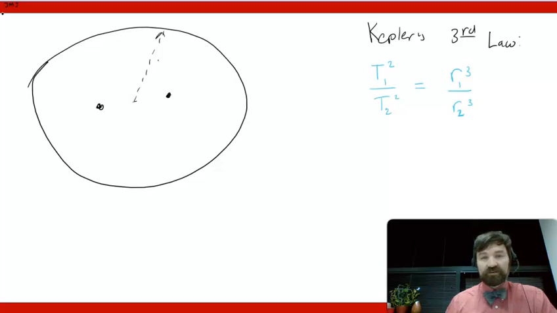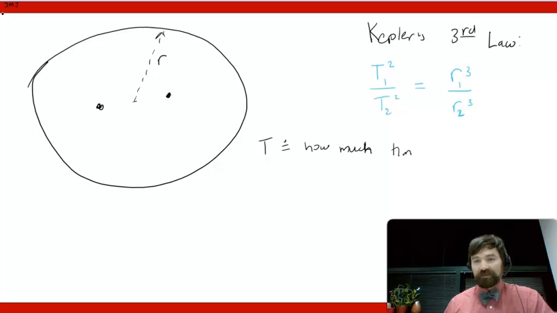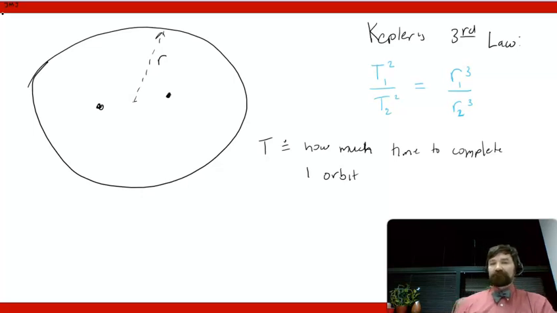It's a near circular orbit. And so the period T represents how much time to complete an orbit. That's called the period. So period is how much time to complete one cycle, essentially. So in this case, it would be one complete orbit around the star.